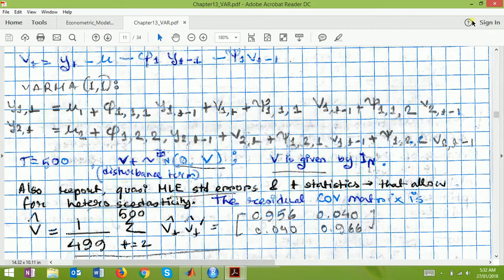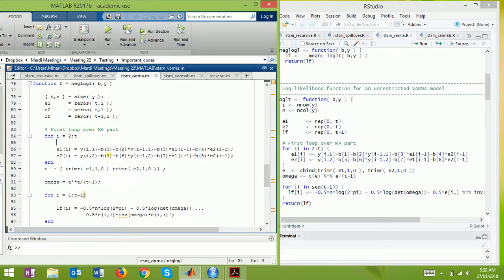So parameter 1, which is phi 1, well, no, this is mu 1, I'm sorry, this is mu 1, then phi for lag 1, equation 1, variable 2, y i minus 1, then psi equation 1, variable 1, lag 1, v t minus 1, e1 i minus 1, and then psi 2 will be b4, v2 t minus 1, e2 i minus 1.